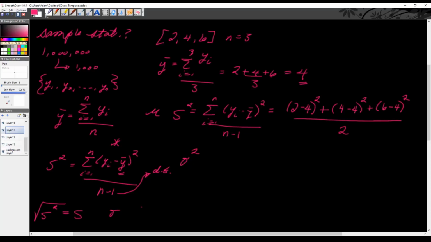Negative 2 squared is 4, plus 0, plus 4 is 8, divided by 2, which is equal to 4. So that is the variance, and I can take the square root of the variance to get the standard deviation. In this case, the standard deviation is 2.